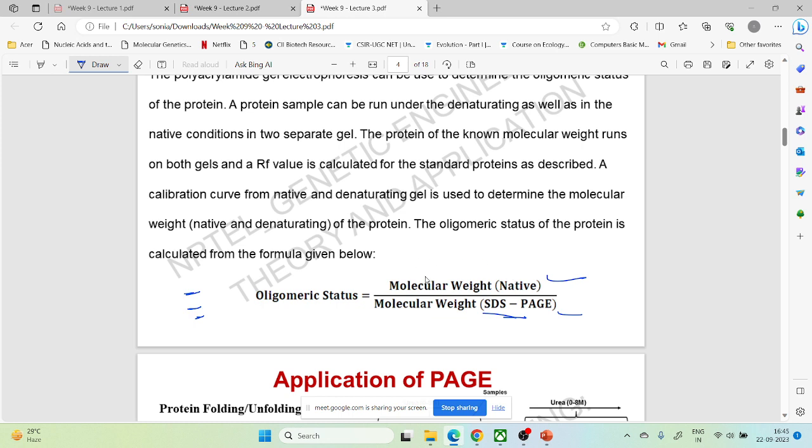In native we get the whole molecular weight, and in SDS we get the molecular weight of the individual chains. By dividing, you can find how many units are present, 5 or 4, like that.